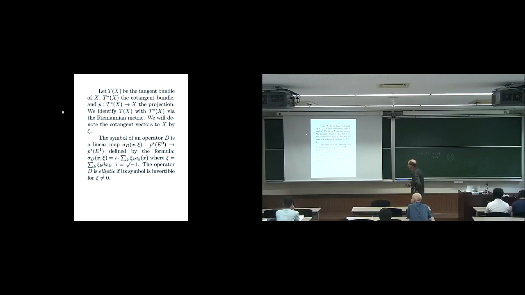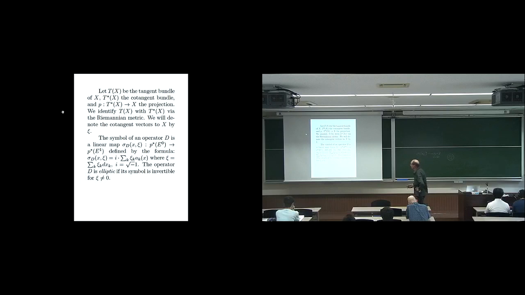The symbol is a certain map between the vector bundles. You lift it to the cotangent bundle. So it will depend not only on the point.